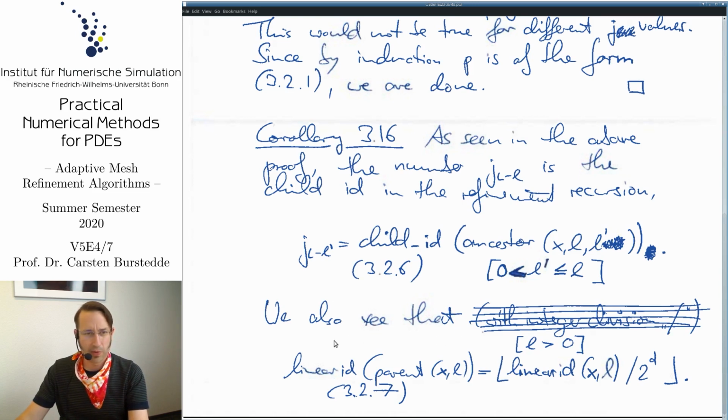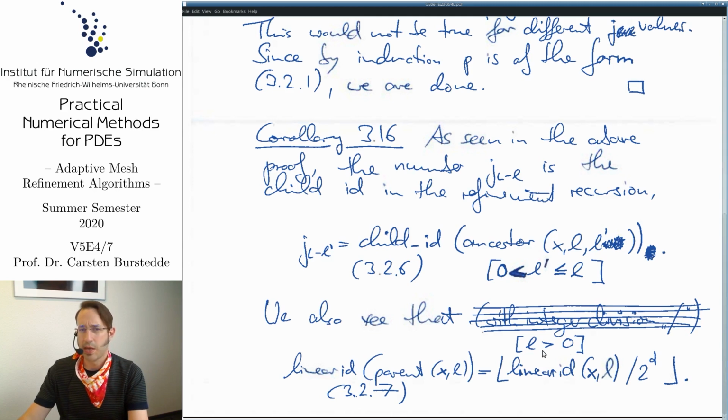We have a different formula here. We could, of course, reverse the child formula from earlier out of the definition of the linear ID to apply it to a parent, and we see that we can derive it from the linear ID of the element itself, and you see that L greater 0 is not the right precondition here.